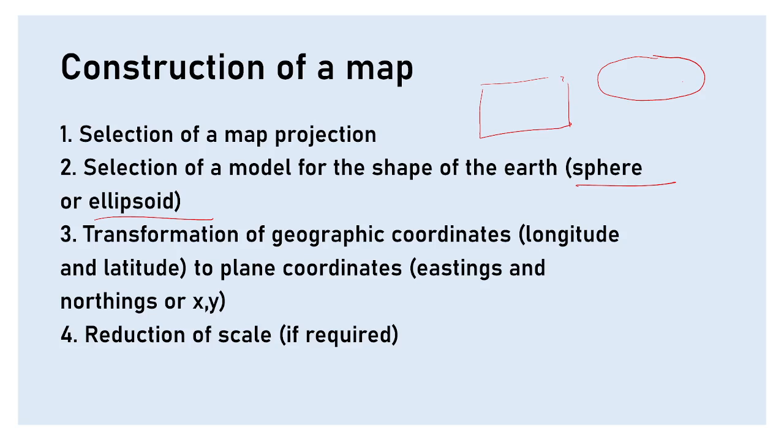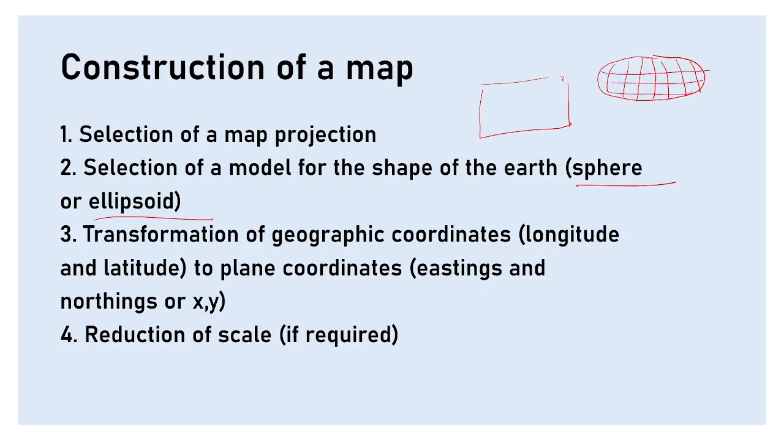Then what will you do? You will transform the geographic coordinates, which are the longitude and latitude, to plane coordinates. Plane coordinates means eastings and northings, or x, y. I think you are familiar with longitude and latitude. On Earth, we divide it into longitude, which are the elongated, vertical lines, and then we have the latitudes.